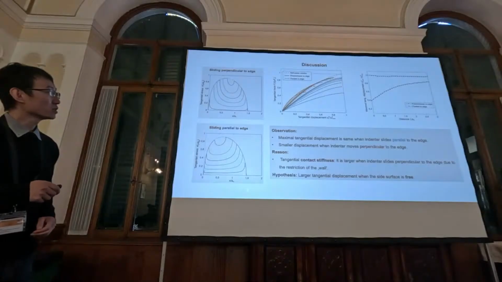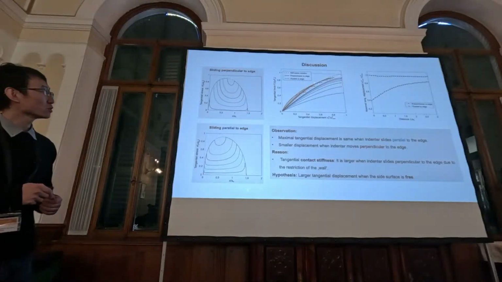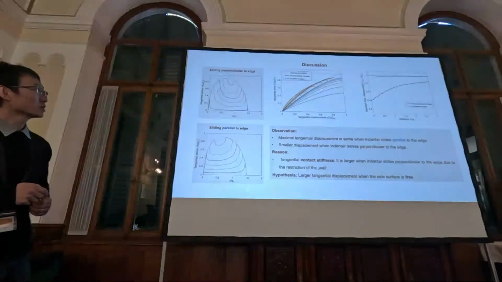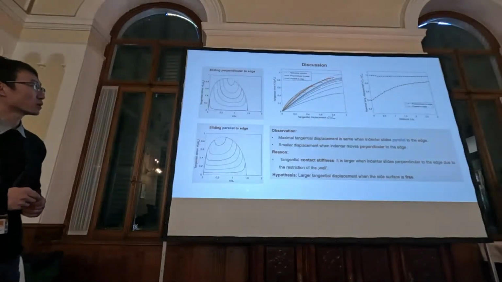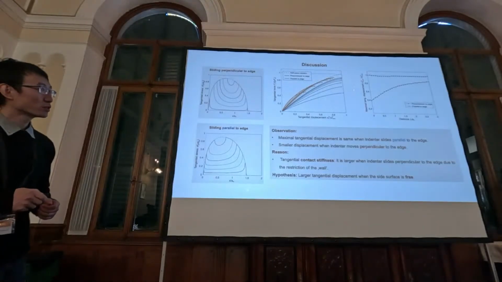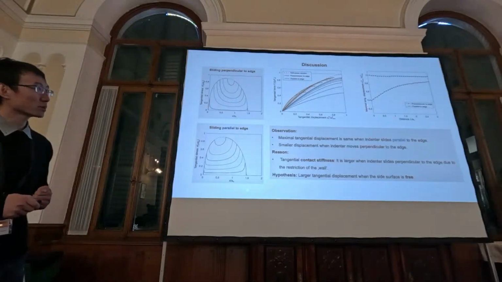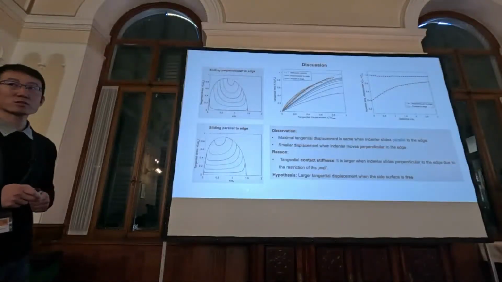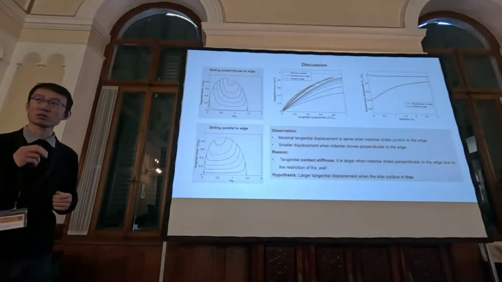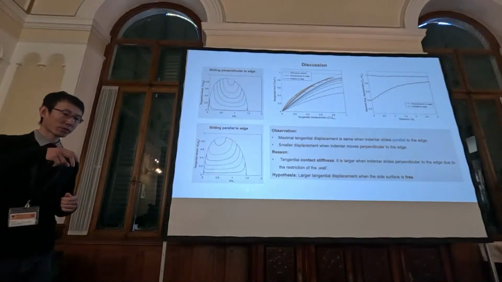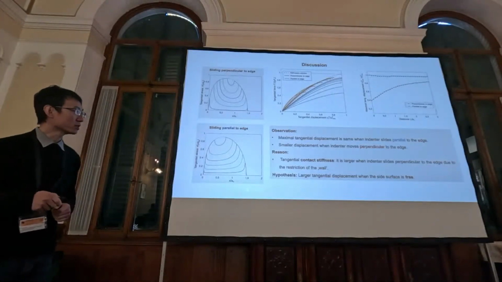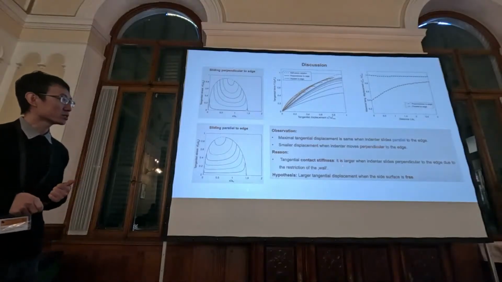These are curves. Red curves are the case of sliding perpendicular to the edge, and this is the case of sliding parallel to the edge. If we focus again on the maximal tangential displacement, we can see in the case parallel to the edge, the maximal tangential displacement is almost the same, so it does not depend on the location of the indenter.